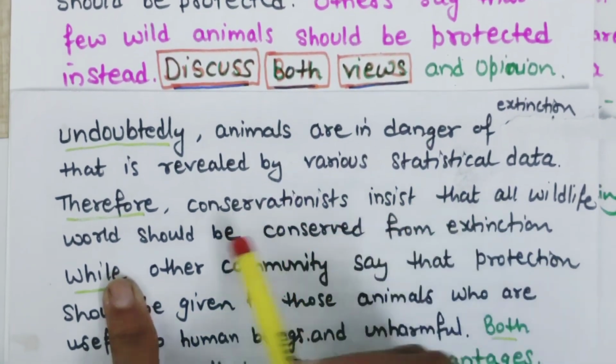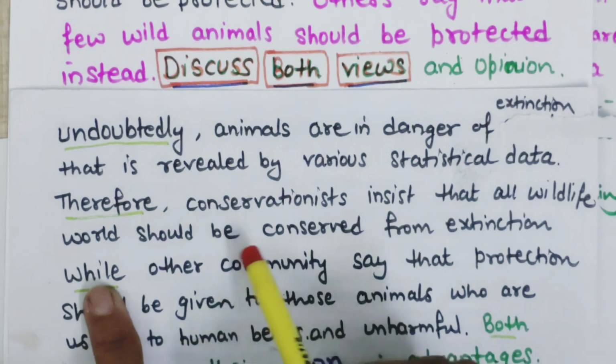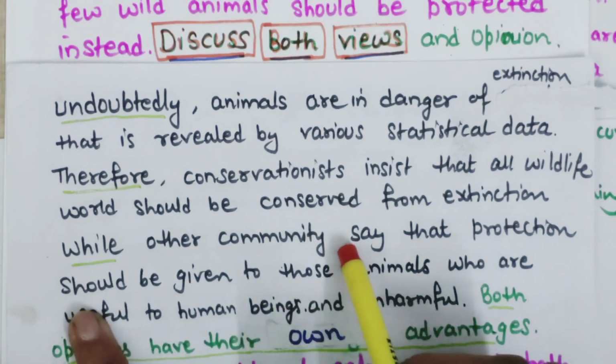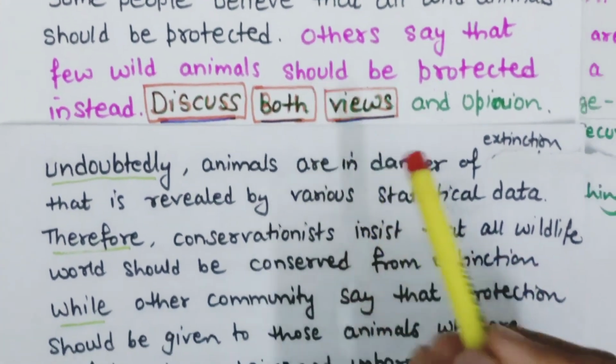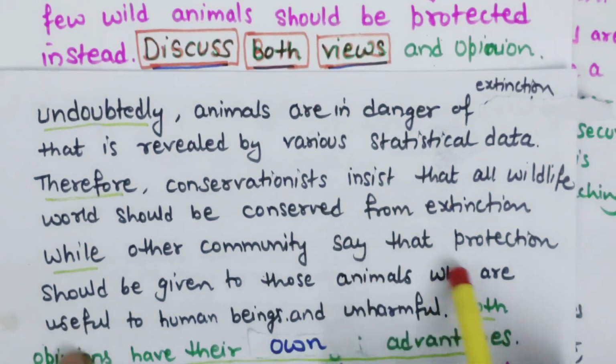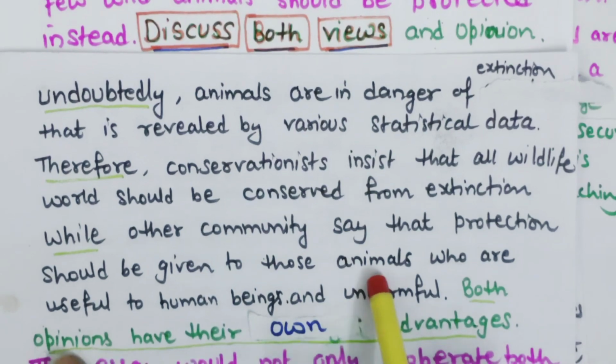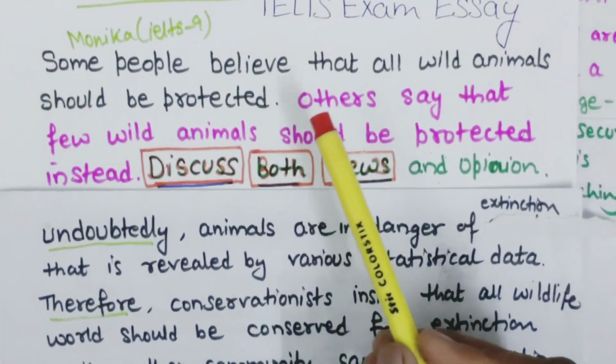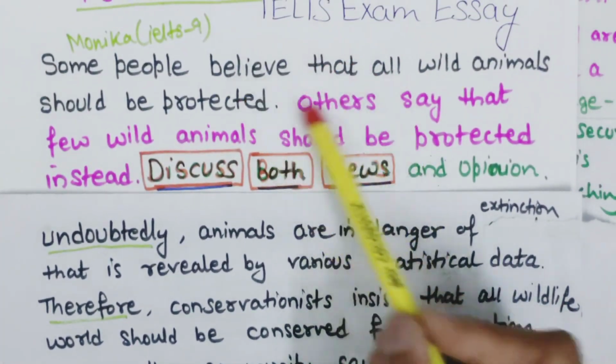Conservationists insist that all wildlife should be conserved from extinction, while other communities say, meaning the other point of view, that protection should be given to those animals who are useful to human beings and unharmful. Okay, so this is clear. We have done the paraphrase of these two points of view.